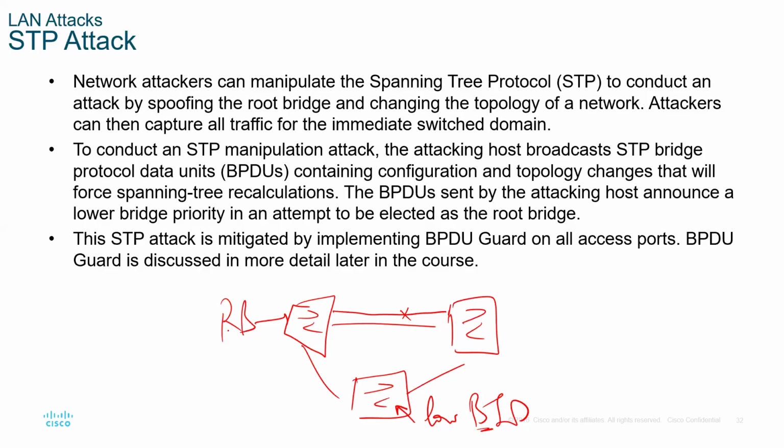For the election, this one loses the root bridge because there is a lower one. And our threat actor becomes the root bridge. It means all traffic in the network goes via the root bridge, which is our attacker. And that's how an STP attack basically occurs. All traffic goes through the attacker.